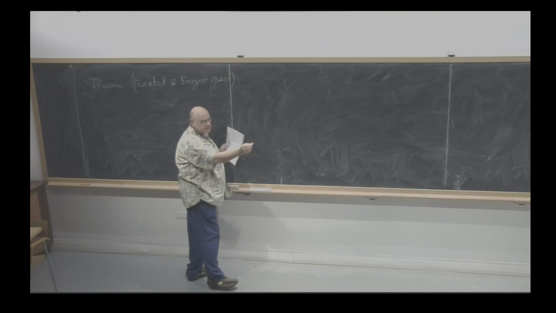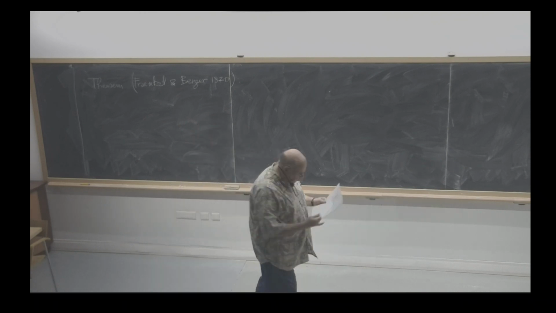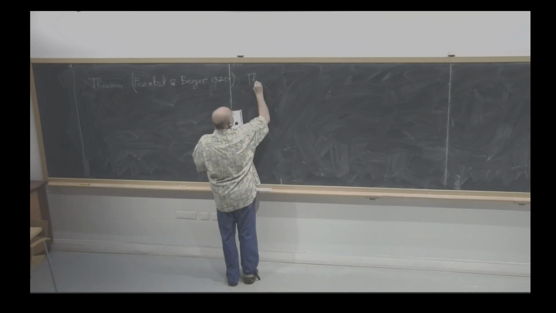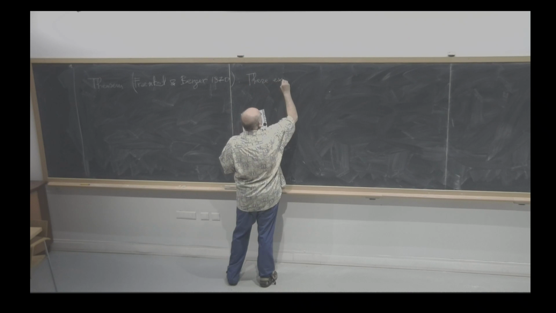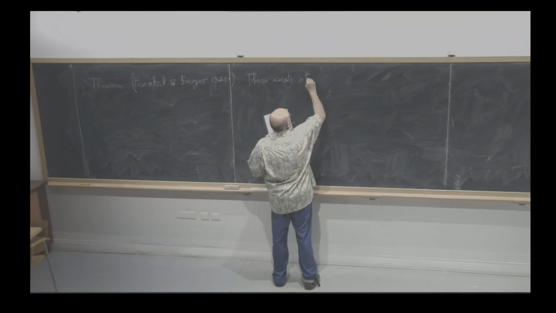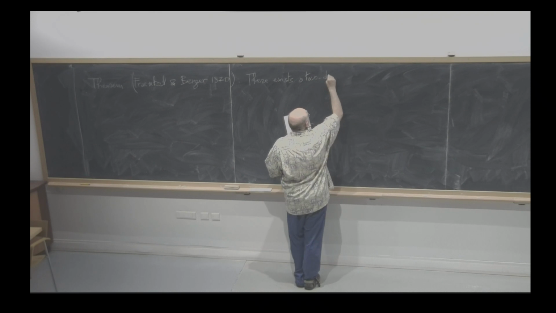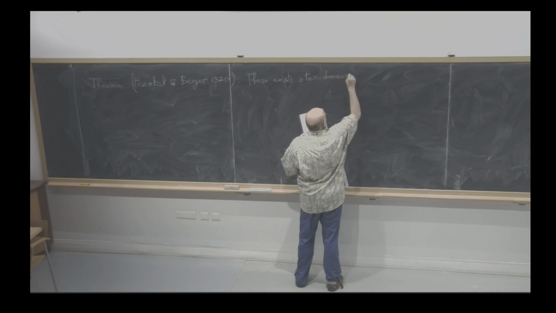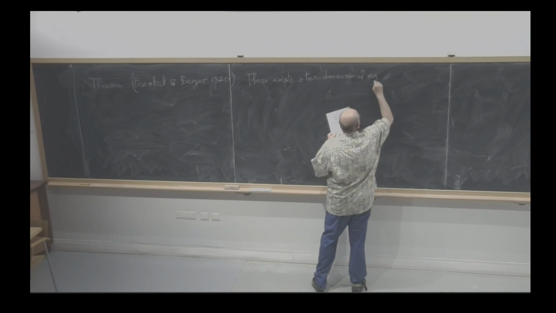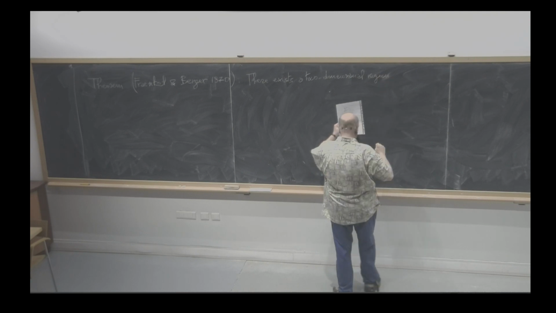I want to state it in full because, after all, it's a school on vortex dynamics. There exists a two-dimensional region, maybe some of the wording is mine, apologies for that.